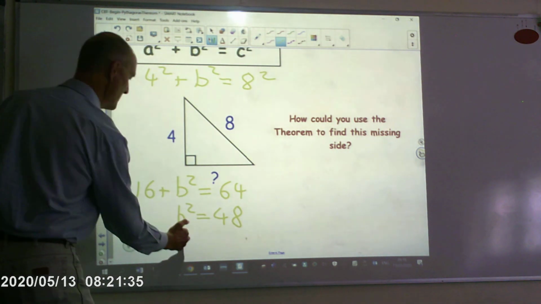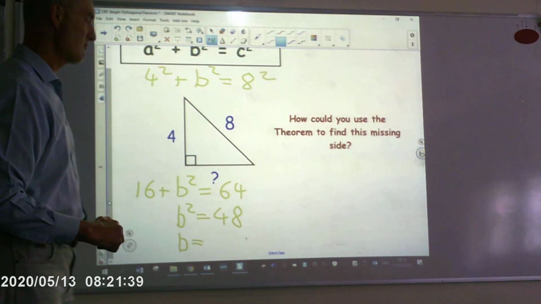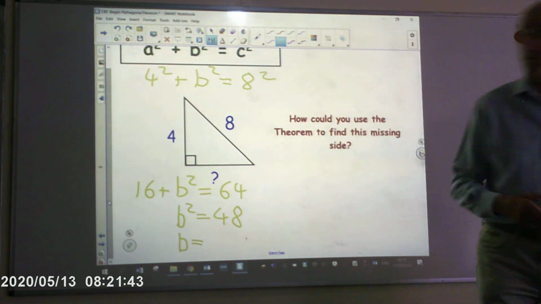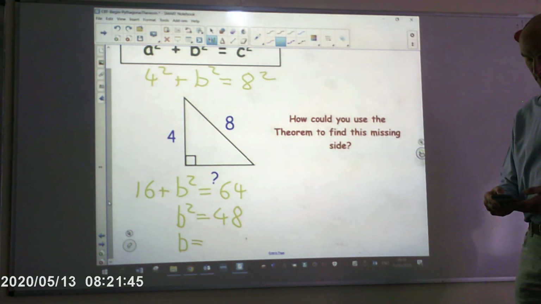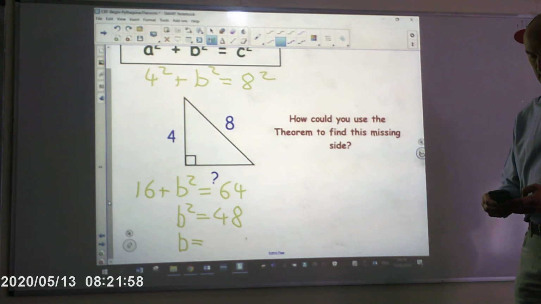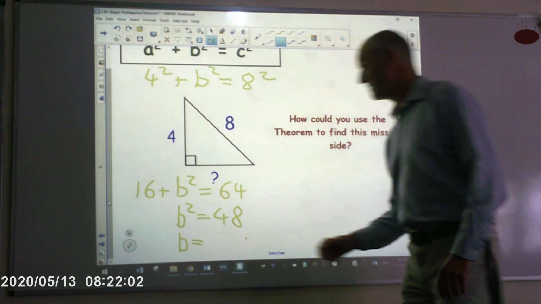So b, what's the square root of 48? Square root of 49 is 7, so square root of 48 is going to be very close to that. So if I go to my calculator, square root of 48 to one decimal place is 6.9.